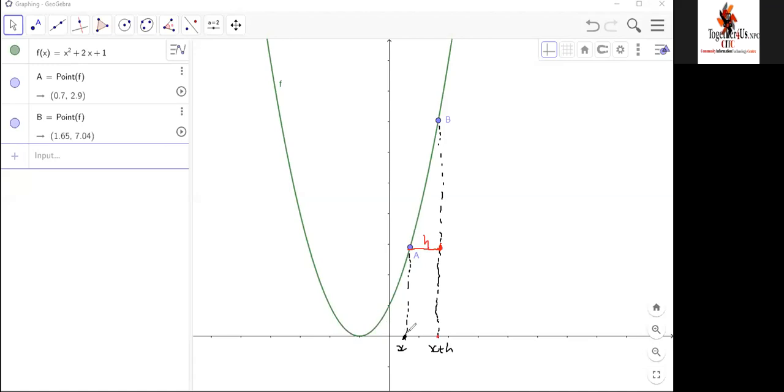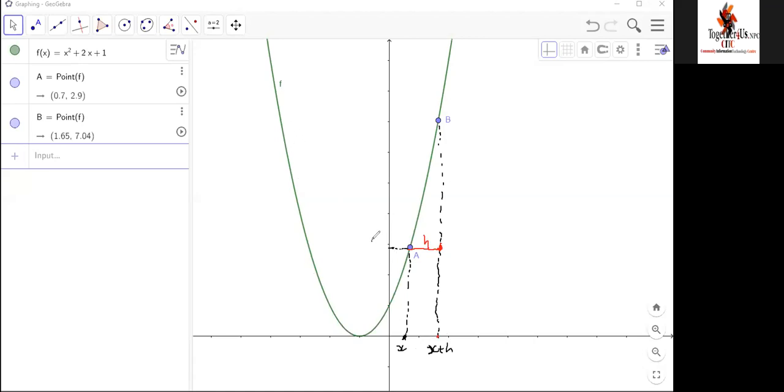So if you think about it, if this was 2, and I told you the gap here is 3, then we know x plus h will be 5, okay? So that's just a simple way to think about it. Now, what is the y value here? This is f. We are given the green graph is f.